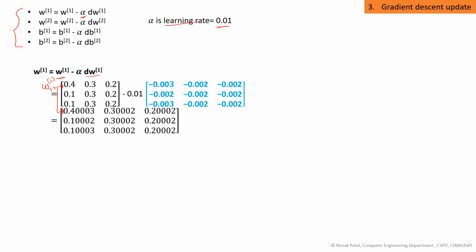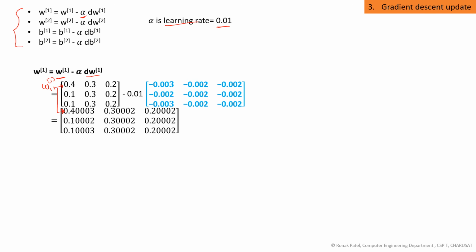Very minor change. Why? Because you can see the difference in loss. The prediction was 0.63, and our original y is 7, which is very close. That's why you are seeing a very small change.